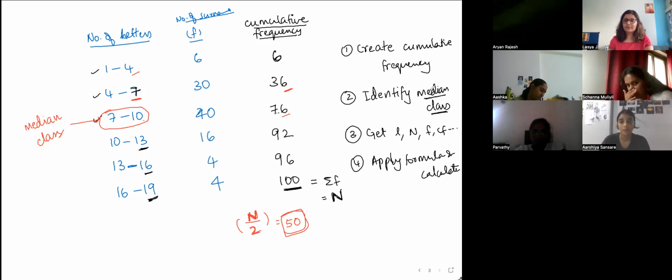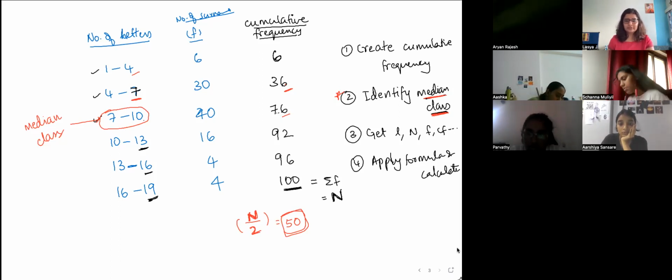So this is quite important because if you don't have the median class, then you won't have the values to put in the formula. So make sure that you get this properly, that you understand how to find the median class. So once you have the median class, then you get the values whatever you need in the formula.